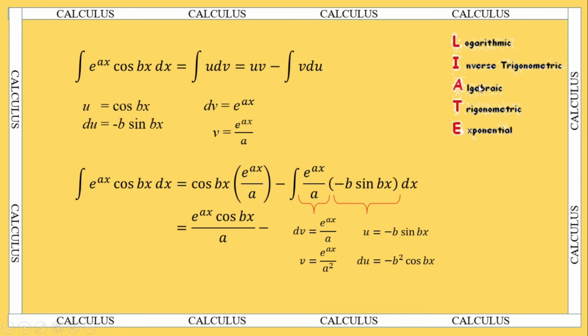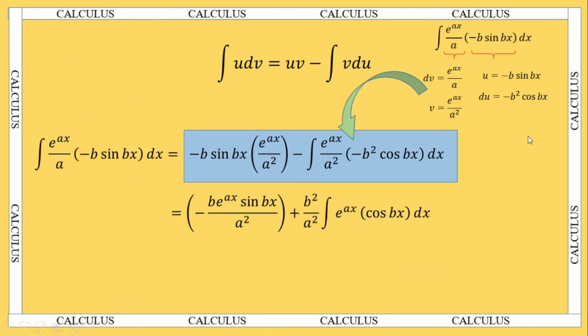Using the layer table, we can see negative b sin bx is trigonometric, so it will be u. e power of ax divided by a will be dv. So we just integrate this and differentiate this.